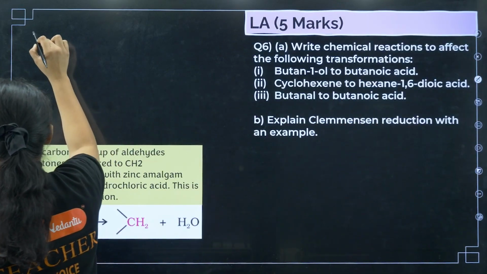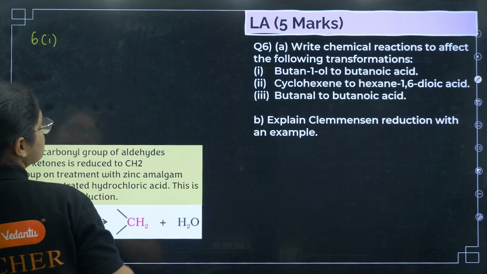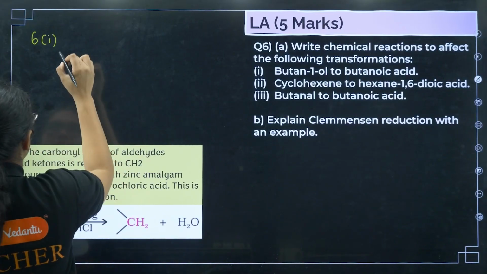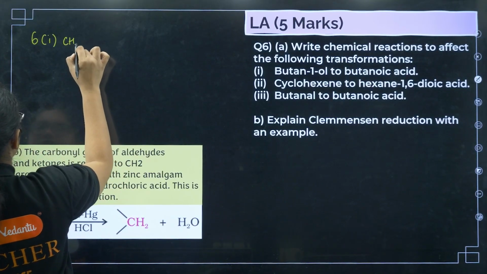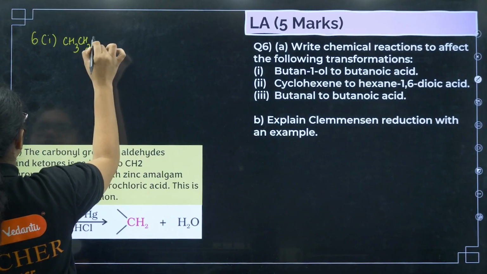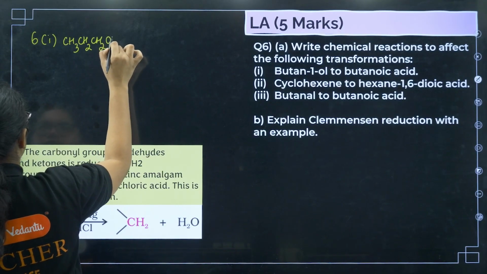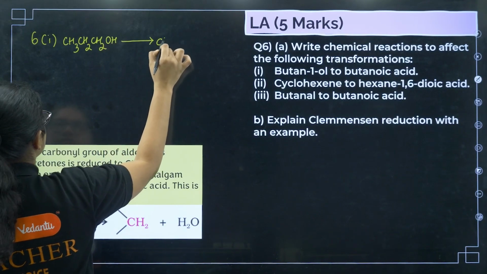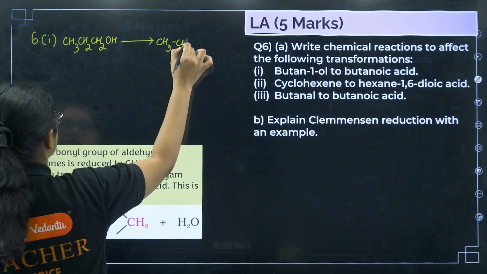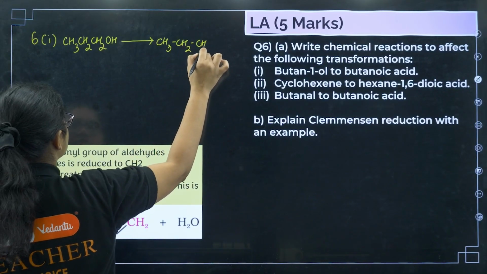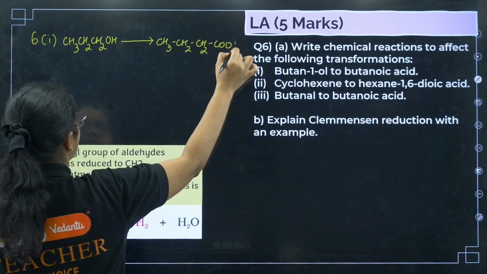6-1 will be butan-1-ol to butanoic acid. So CH3 CH2 CH2 CH2OH goes to CH3 CH2 CH2 COOH.